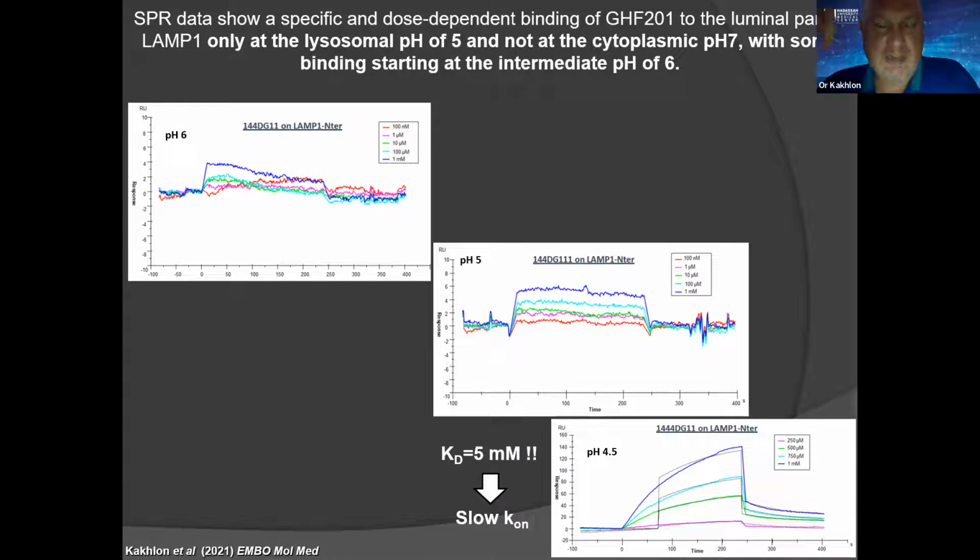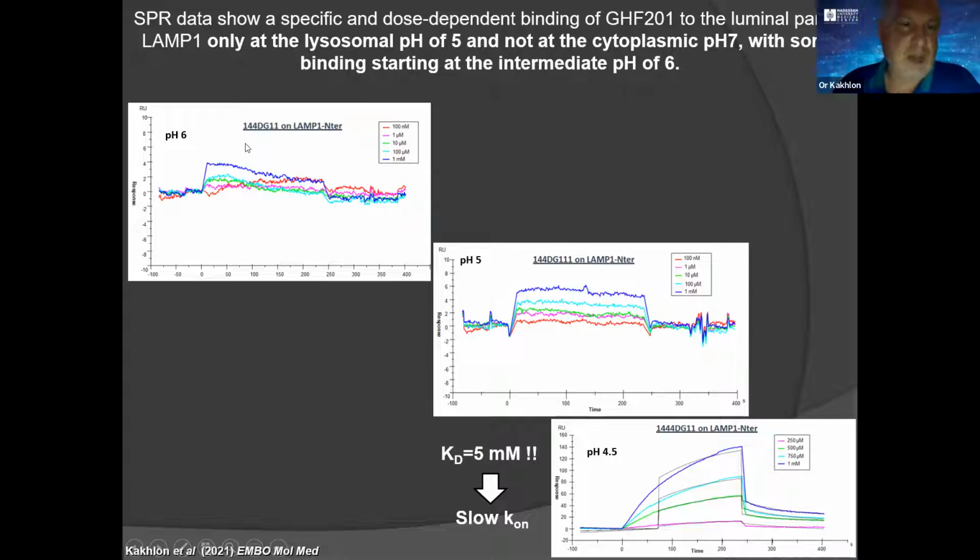So what we did, we used a more common technique called SPR, surface plasmon resonance, in which you bind your candidate on the surface and see if it changes the resonance. I won't go again into the biophysics, but I can tell you that if the plasmon resonance signal increases, this means specific binding.